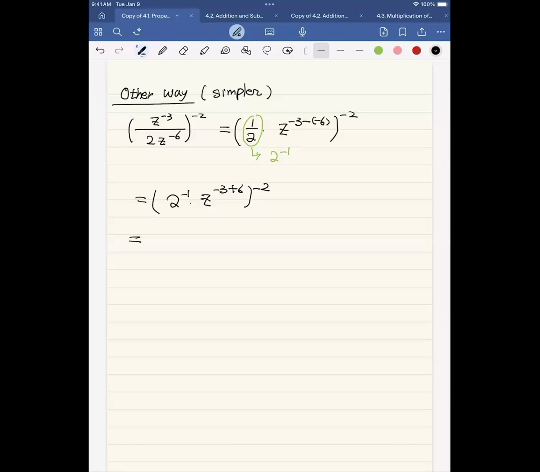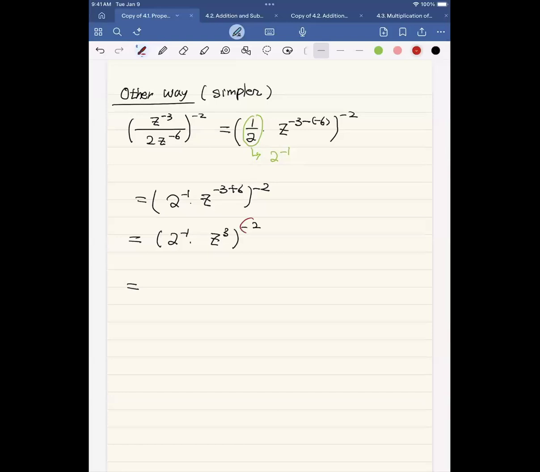As we did before, we have to distribute this power to the first and second factors. Let's rewrite it again: 2 to the negative 1 power times z to the third, to the power of negative 2.